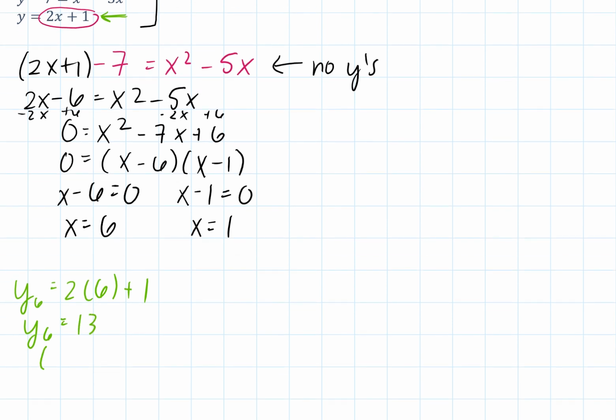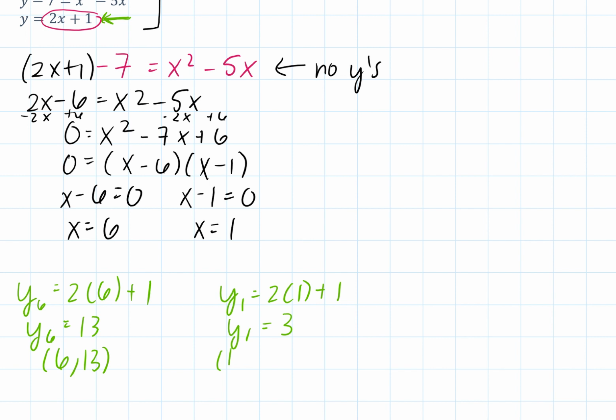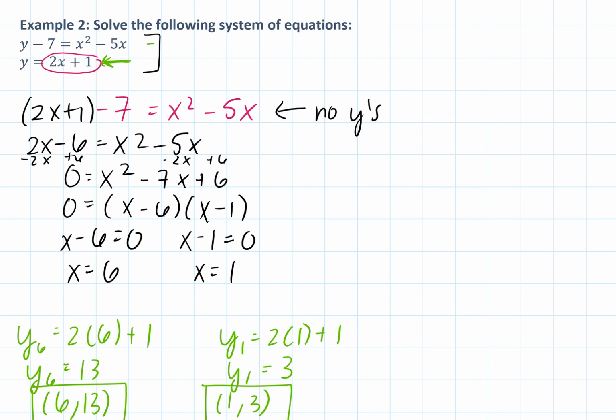So that produces the solution, the x value 6, y value 13. And the y value where x is 1 is 2 times 1 plus 1. Again, I'm just substituting into the second original equation. I get 3. So I have the coordinate pair (1, 3). So these are my two solutions, the two points where these two functions will intersect.